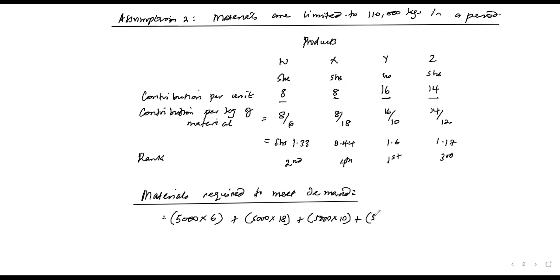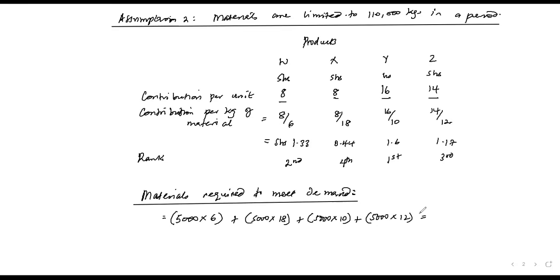Then finally the 5,000 units of Z, and each unit requires 12. We need to find out the kilograms required to meet this production demand, and we'll see if it is available or not.